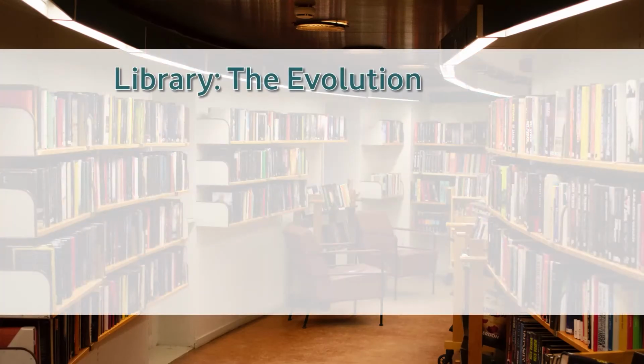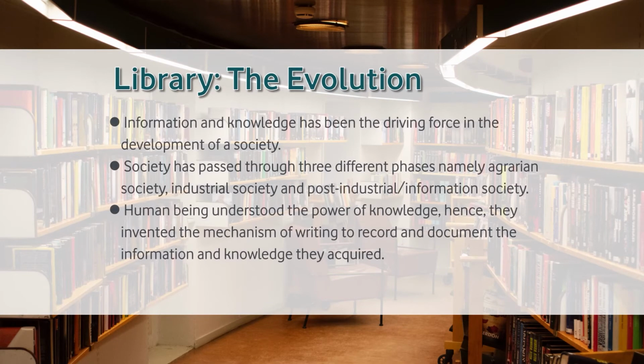Information and knowledge has been the driving force in the development of a society. And society has passed through three different phases, namely agrarian society, industrial society, and post-industrial or information society. And human beings understood the power of knowledge.